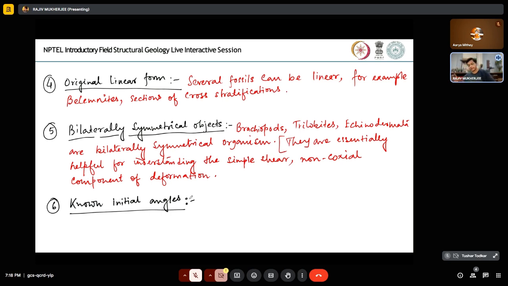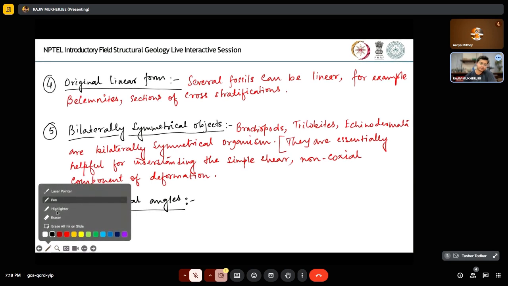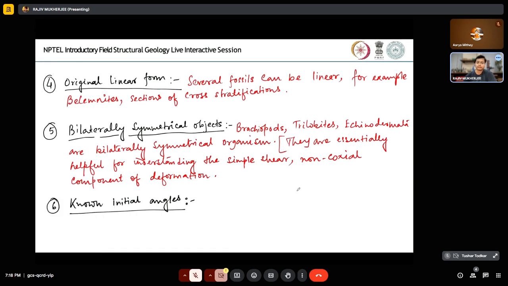Say, for example, I have some euhedral grains, perfect hexagonal shape. This kind of structure is present, and then I deform them.